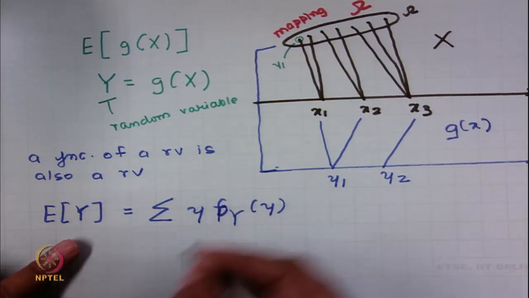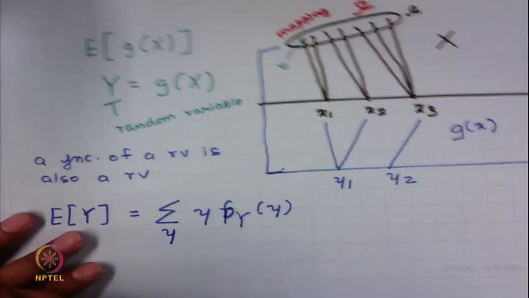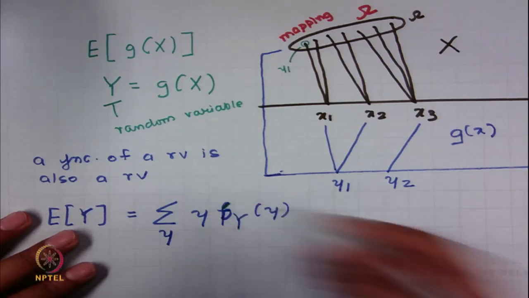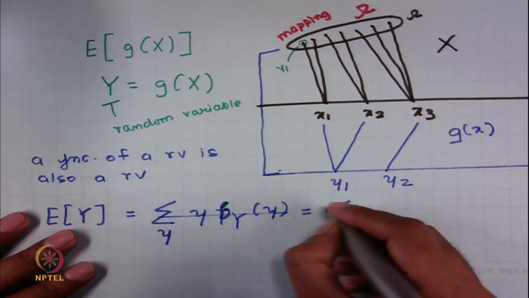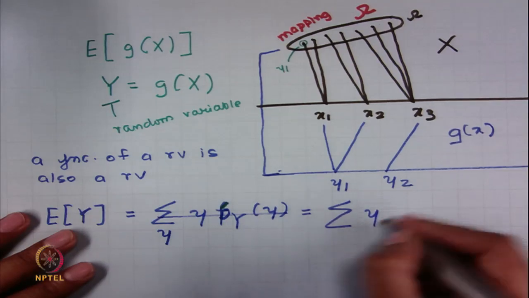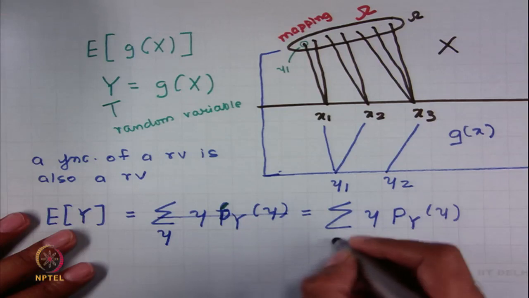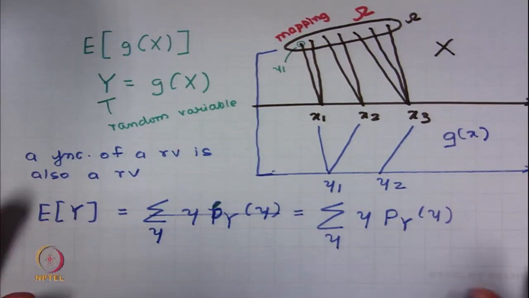This has to be the probability mass function with which Y happens. So, let me write it again. The expected value of Y is nothing but Y and the probability with which this Y happens, and then you have to sum it for all Y's.